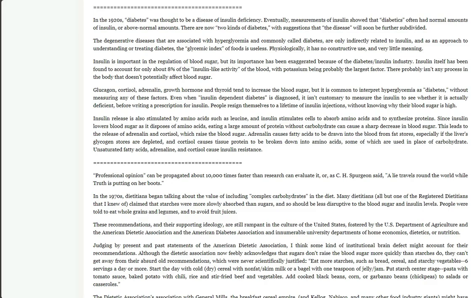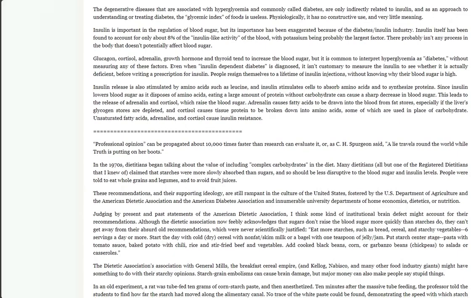The degenerative diseases that are associated with hyperglycemia and commonly called diabetes are only indirectly related to insulin. And as an approach to understanding or treating diabetes, the so-called glycemic index of foods is useless. Physiologically, it has no constructive use and very little meaning. Okay, so being very clear there.